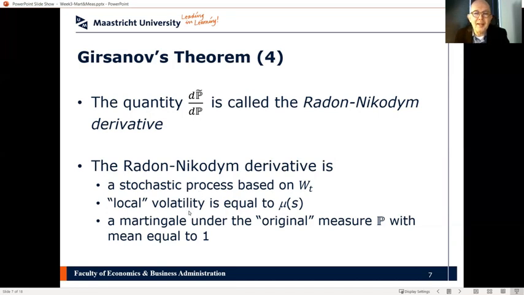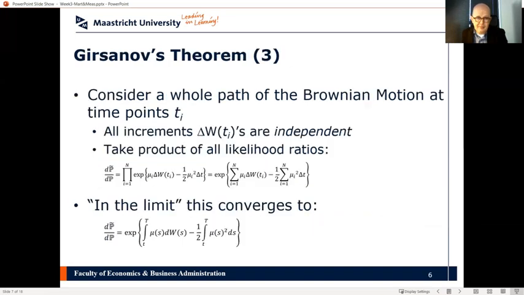I haven't put that down here, but as it is the likelihood ratio of two probability density functions, and probability density functions themselves are strictly positive, the Radon-Nikodym process also must be strictly positive. And again, you see this because I'm taking this exponential here. That also guarantees that the Radon-Nikodym derivative is a strictly positive stochastic process.